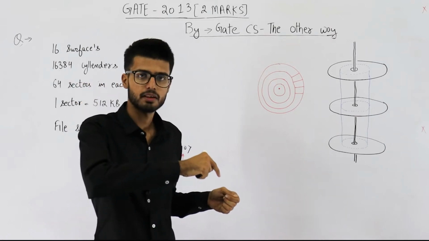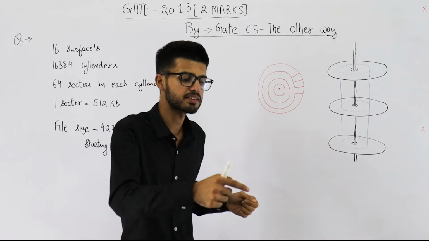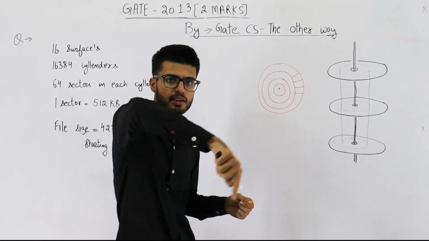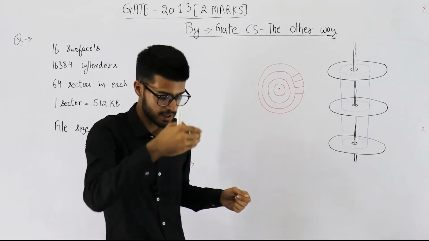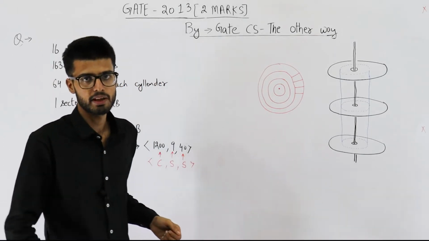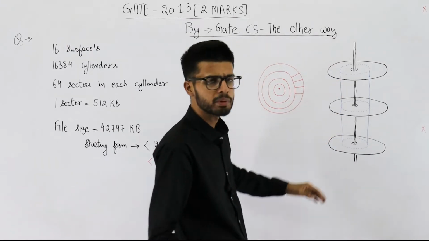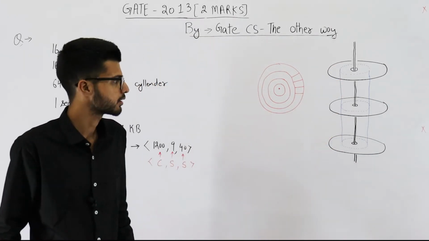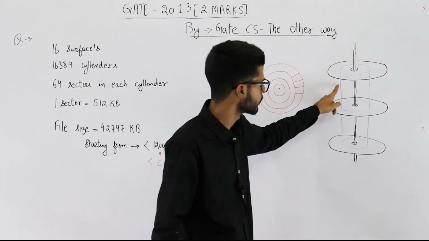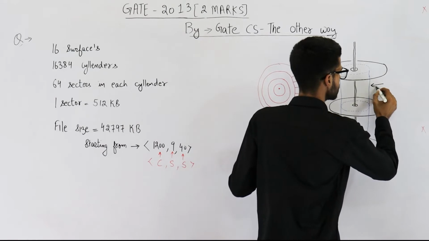If from the center you select 7th track, 1st, 2nd, 3rd, 4th, 5th, 6th, 7th. This is the 7th track. Similarly, you select the 7th track from each and every platter. That will make one cylinder. So it's just a logical grouping of tracks belonging to different platters. For example, this blue one, this is a cylinder. This one is a cylinder.